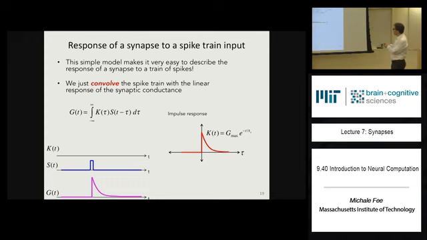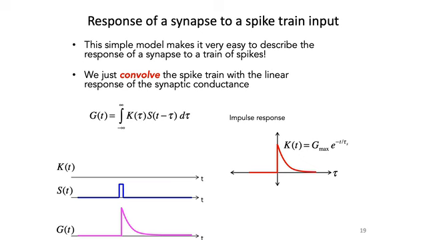The way to think about this is to take the kernel, K, flip it backwards and plot it there. Now notice what this does: I'm going to integrate the product of the kernel and the stimulus.